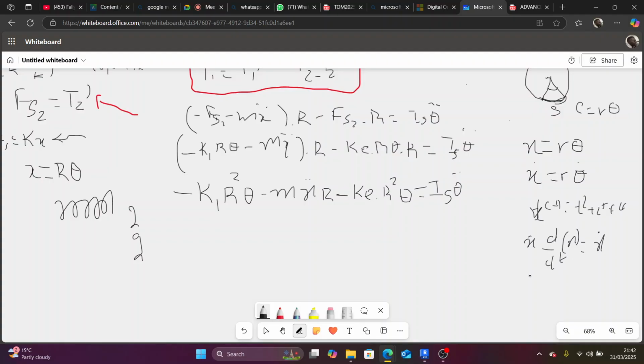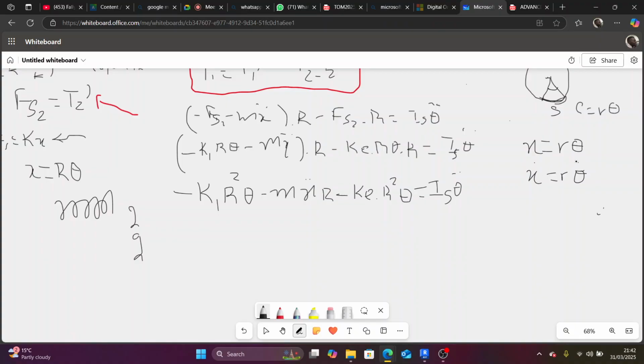When you wanted the acceleration, you were differentiating x dot in terms of time. It was giving you x dot dot. You've done something like this in mathematics, and it is the same thing here. But at your level, they don't expect you to do long equations and prove what is there. What you have to know is, if x is equal to r theta, what will be x dot?